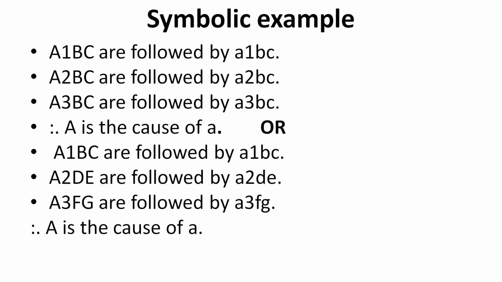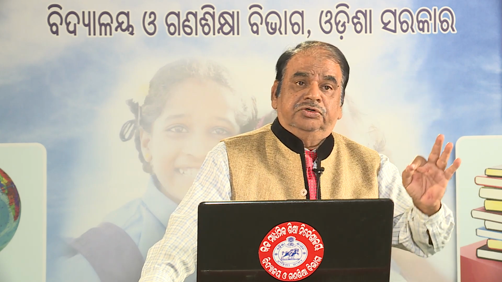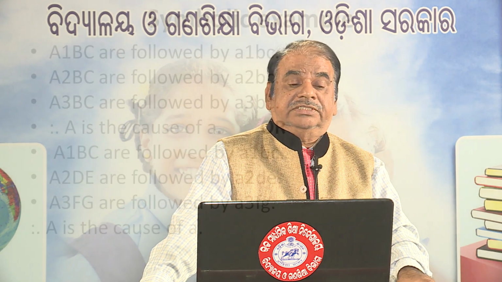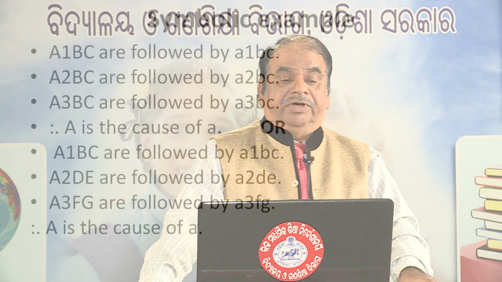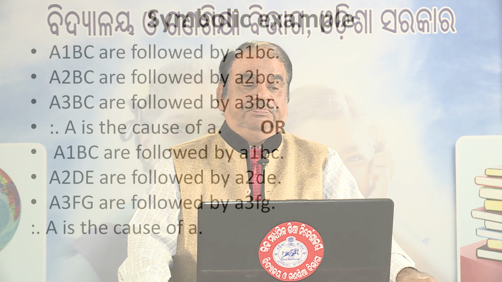Now, coming to the symbolic example. The symbolic example of this method is almost like the method of agreement, very much like the method of agreement, the only addition is that there are numerical variations. So, now you see the symbolic examples: A1 BC followed by a1 bc.